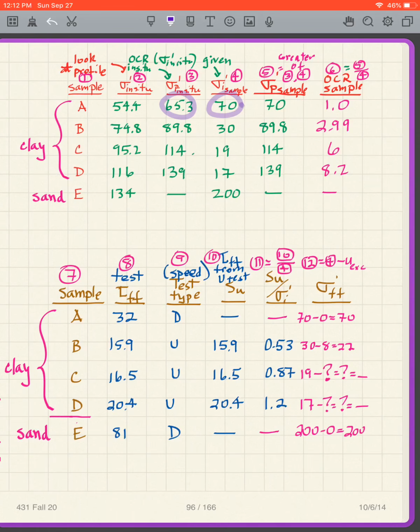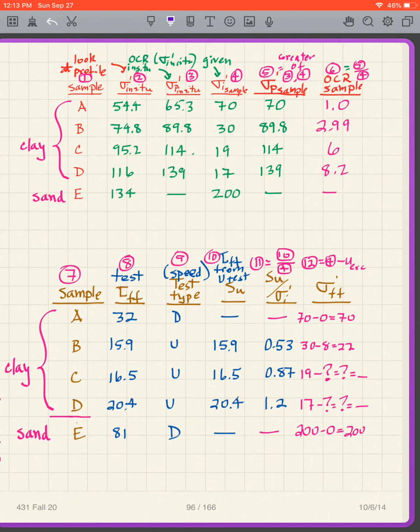So that means the greatest it's ever felt is 70. So I put 70 here. So in other words, I'm at column 5. Column 5 is the greater of column 3 and column 4. So I compare column 3 and column 4, and the biggest one gives me column 5.